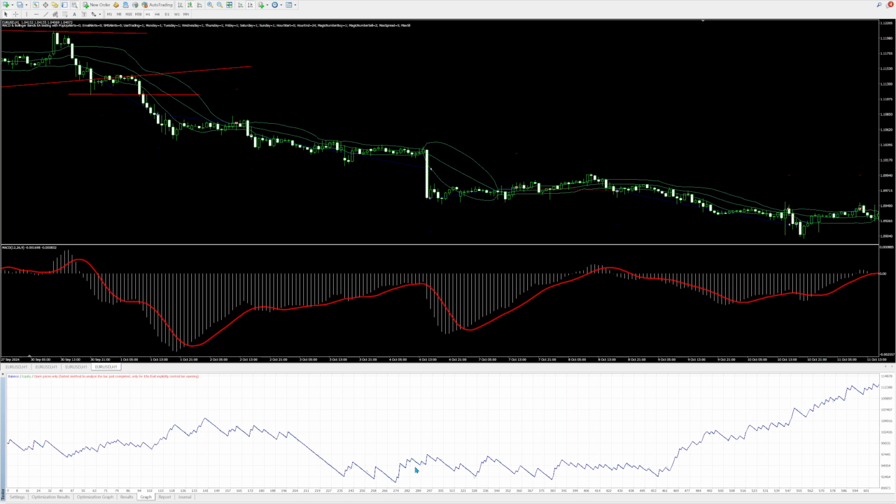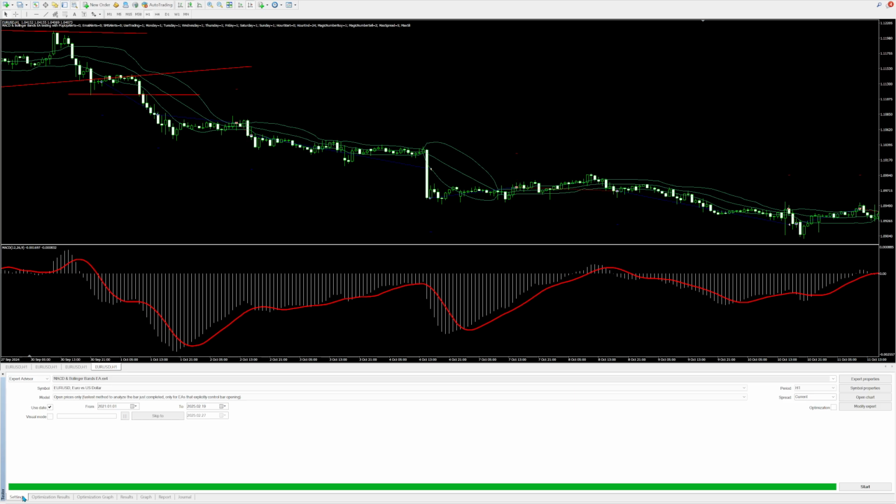So just don't get too excited when you see good results in a strategy test, because it can just be a matter of over optimization or curve fitting to the data that you're using.